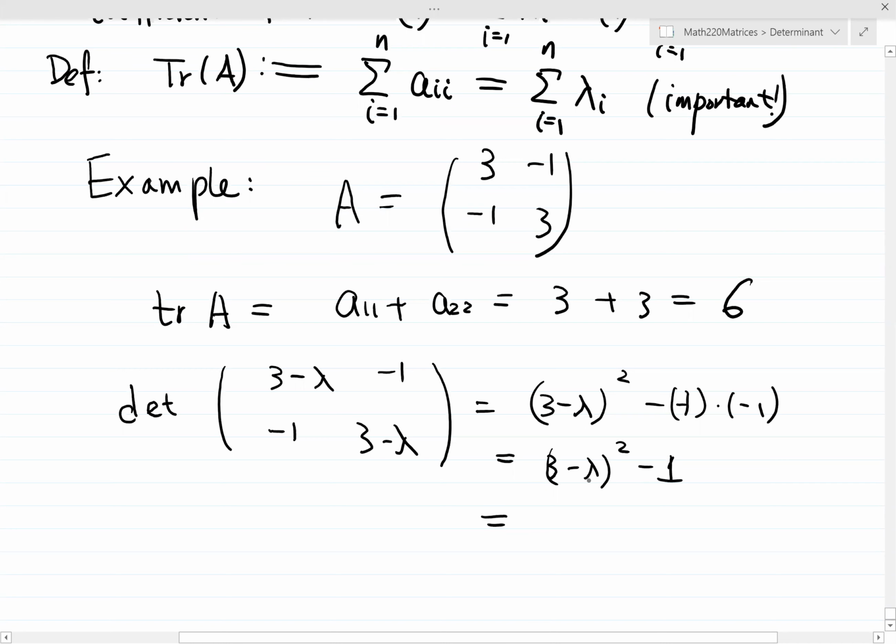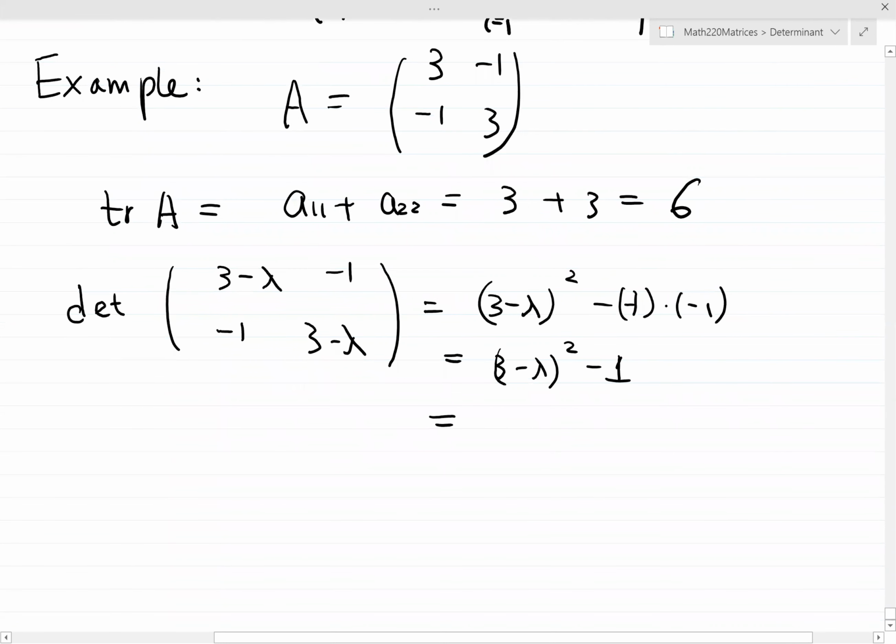Using the difference of two perfect squares, you get (2 minus lambda) times (4 minus lambda).